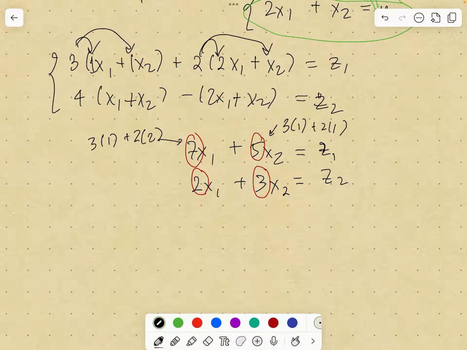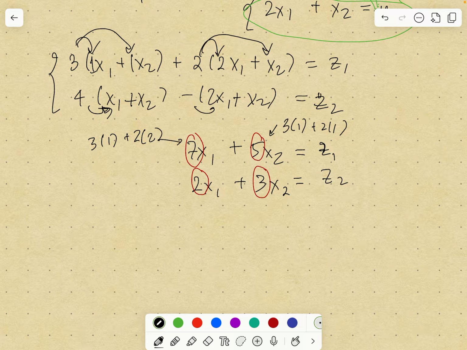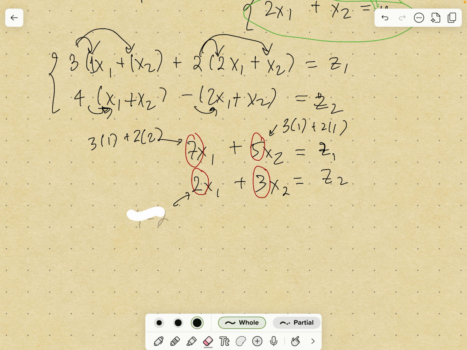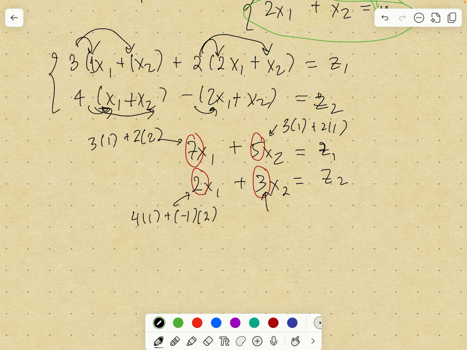The 2 in the x1 we got by doing 4 times 1 plus negative 1 times 2. And the 3 in the x2 we got by doing 4 times 1 plus negative 1 times 1.